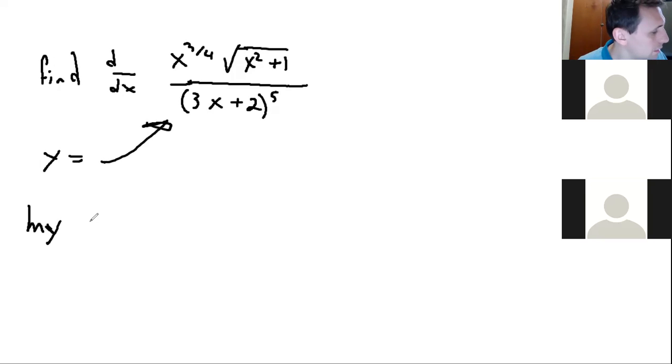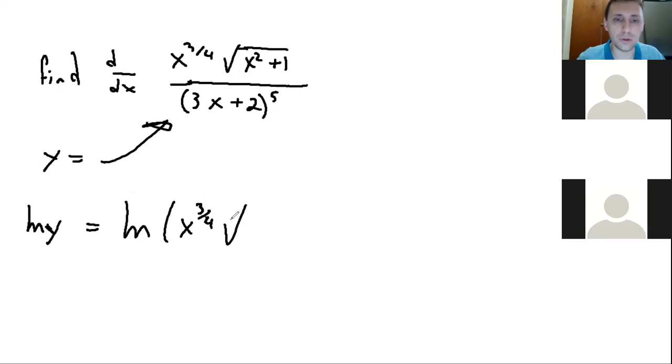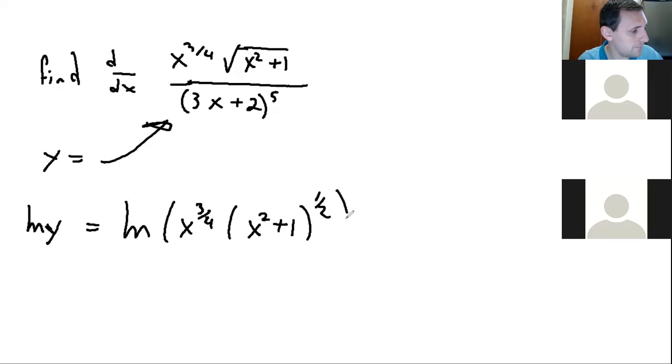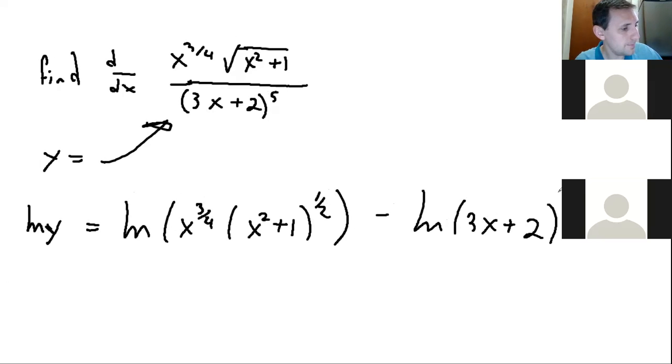Ln y is, let me just do it one time slowly. So it's x to the power of 3/4 root, and root, by the way, is 1/2, right? I'll write root like 1/2. X squared plus 1 to the power of 1/2 minus ln of 3x plus 2 to the power 5.